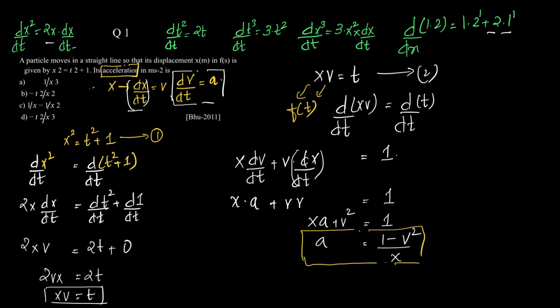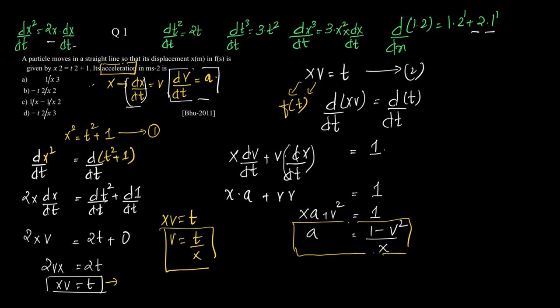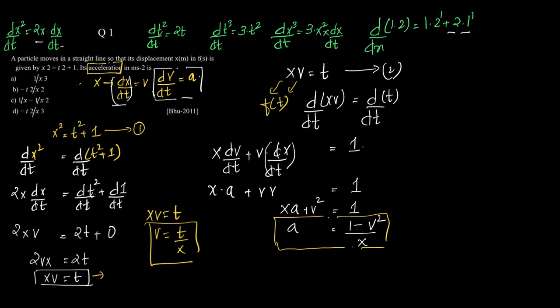See, I didn't name this equation, so let us name it as some equation. So xv is equal to t implies v is equal to t by x, right? So I can change this equation here. What do I get? I can write that a is equal to 1 minus, instead of v, t by x, 1 minus t by x, the whole square, the whole upon x.